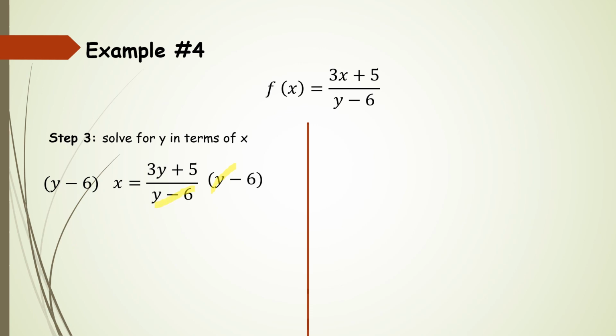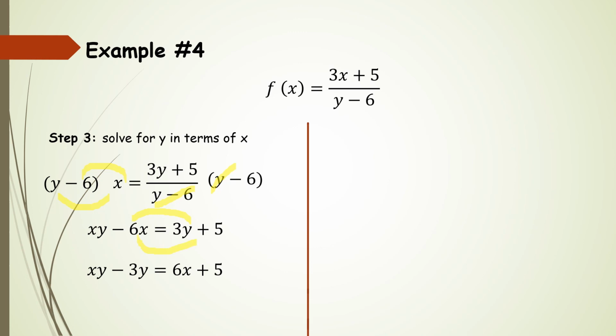So we have xy minus 6x is equal to 3y plus 5. So, pagsamahin lang natin lahat ng may y sa isang side lamang. So, magkakaroon tayo ng xy minus 3y. Ni-transpose or additive inverse natin ng 3y. And yung negative 6x nilipat natin din sa kabila.